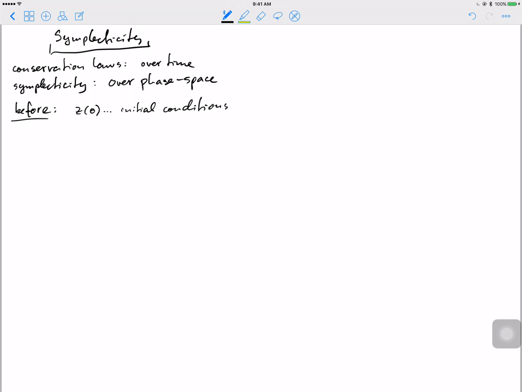We had to find a function Z which was mapping from time to the phase space, R to the 2n, which satisfies Hamilton's equations. And Z0, of course, equals these initial conditions. That is an initial value problem, right? So the contract was, I give you initial conditions, find me the solution of the motion, okay?